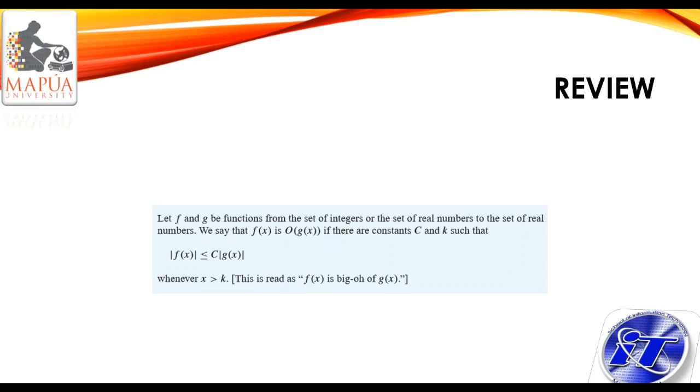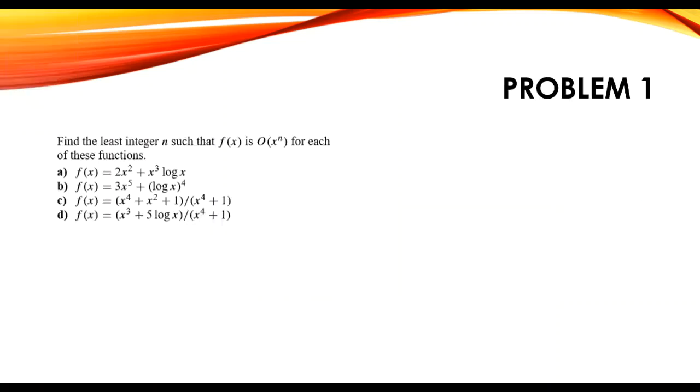Okay, so let's have this problem. Find the least integer n such that f of x is O of x to the n for each of these functions. So we have 4 equations, and we're going to determine the value of n. Let's start with letter A. The function f of x is equal to 2x squared plus x cubed log x.